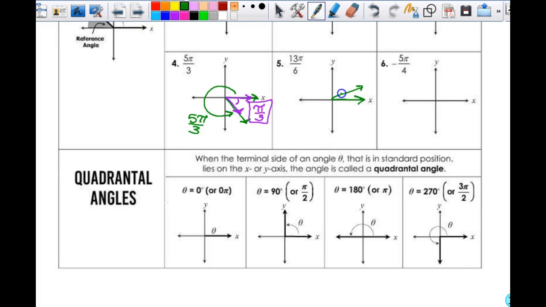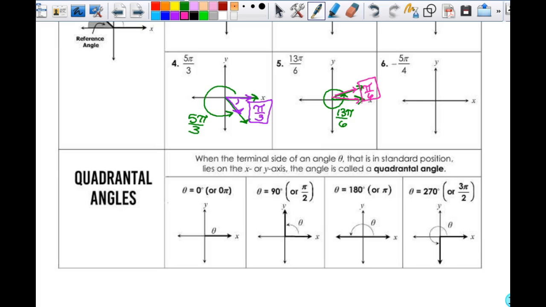So from here all the way to here is 13 pi sixths. The reference angle is the positive acute angle made with the x-axis here. So how much farther than 12 pi sixths did I get? 1 pi sixth. So my reference angle is pi sixths. Sixths is a hard word for me. Okay. Everybody okay with all that?